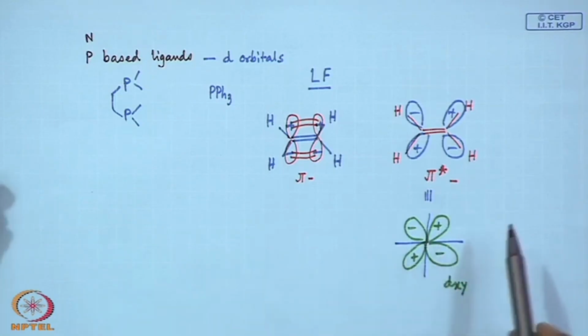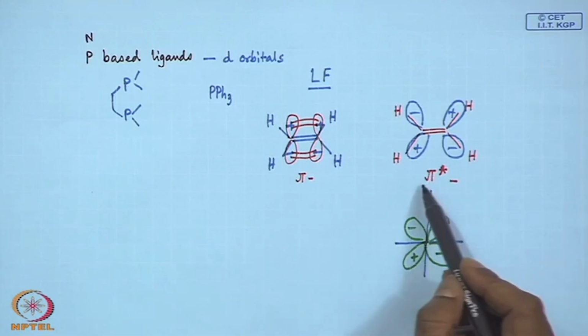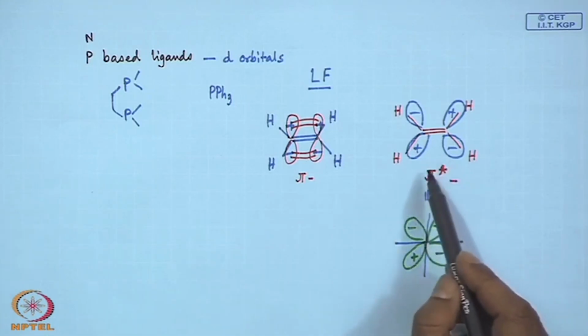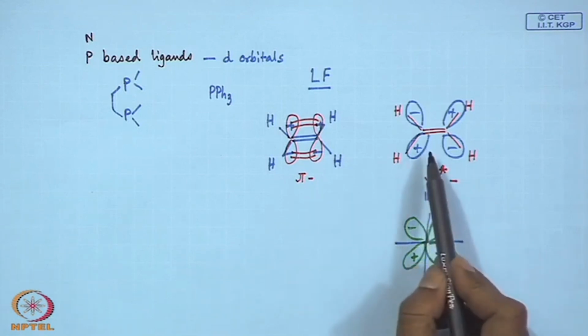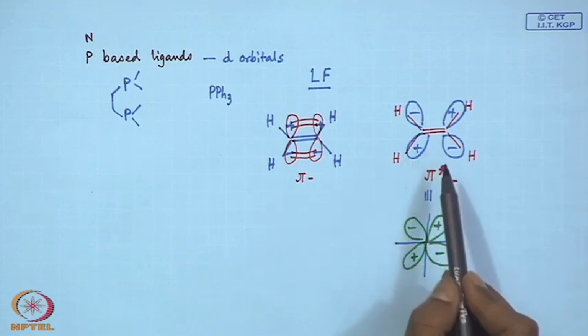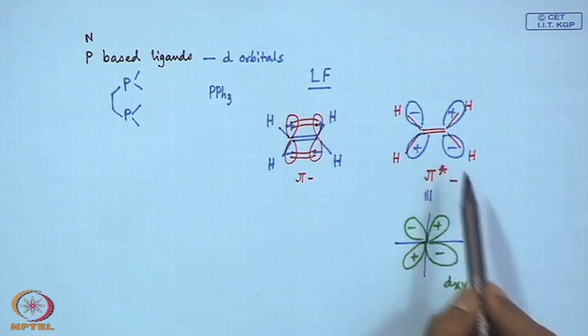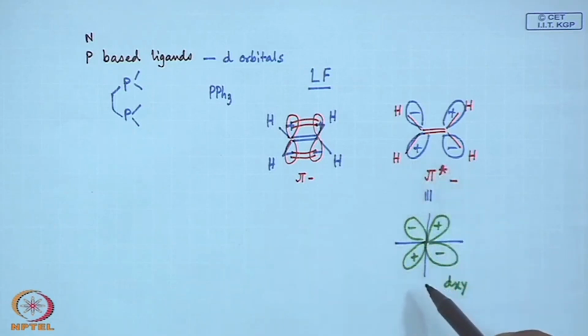So, it has a typical matched symmetry, that means the pi star orbital will have the matching symmetry with that of our dxy orbital. So, either this pi star orbital or the d orbital can be utilized for these pi interactions with the metal orbital.